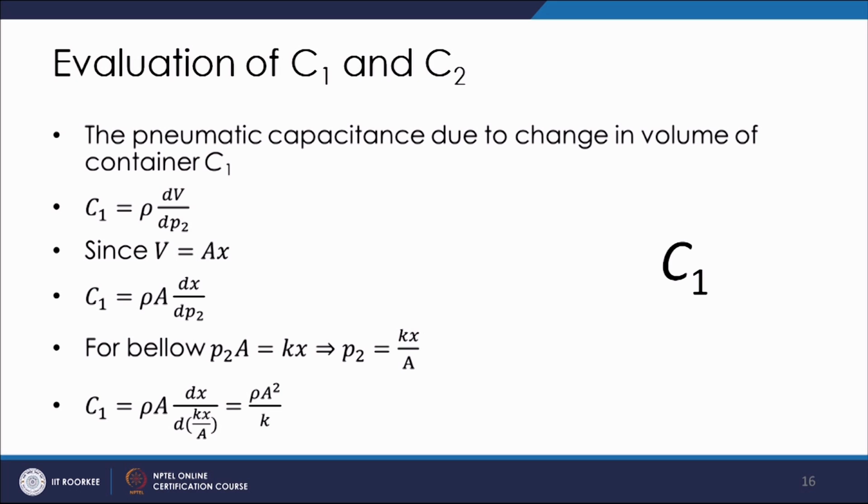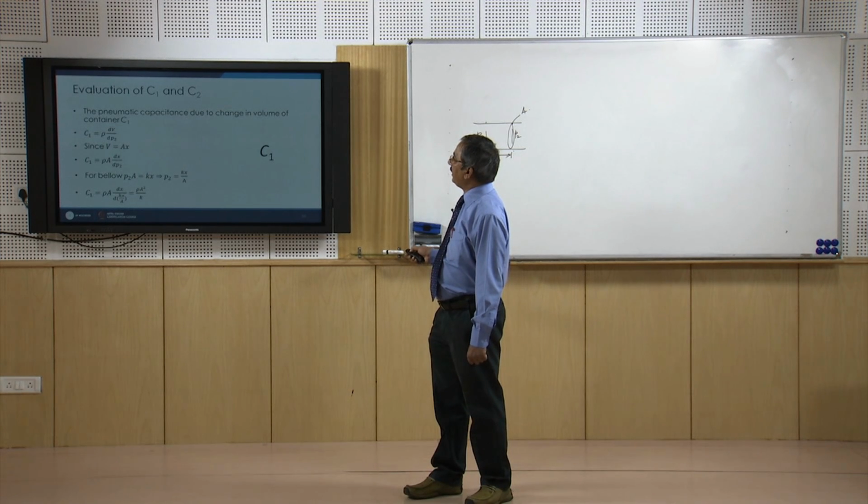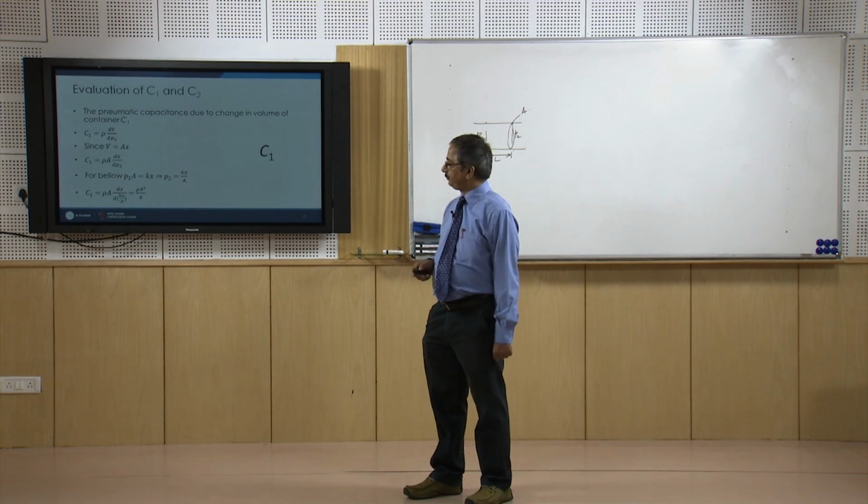So, from here I get P2 as Kx/A, and if I substitute here for P2, this is what I get: rho A square upon K.